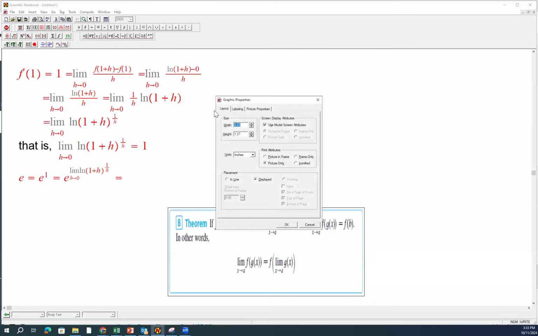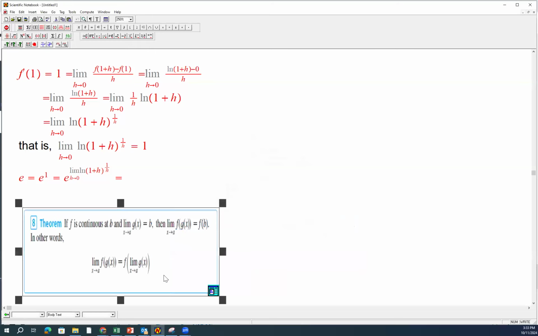So with this property, how do we use it? Obviously, in this theorem, the property is going to be applied to e. So e is f. The limit was inside, so now we want to bring the limit outside. You can see this theorem can be applied from left to right or right to left.